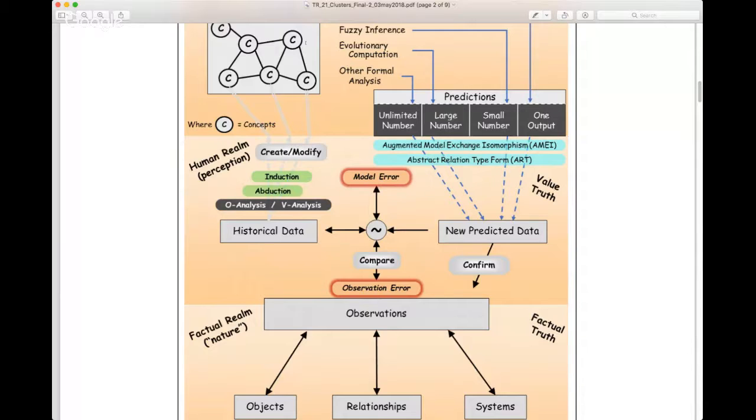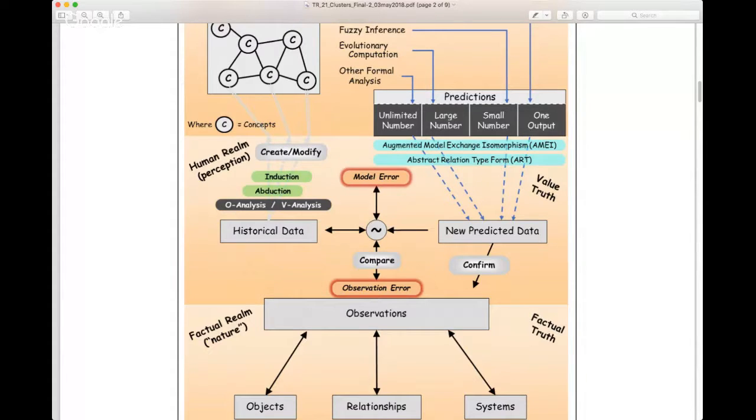Well, yeah. So basically, what this chart is meant to convey is we have three realms: the factual realm, which is nature, the human perception realm, and then the formal realm, right? And associated with these three realms, we have three kinds of truth: the formal truth, the value truth, and the factual truth. And what we have mapped on top of these three sectors are some basic operational and process steps.